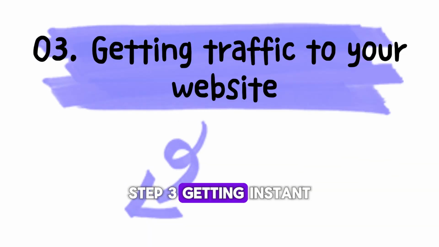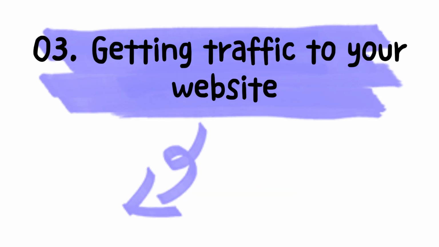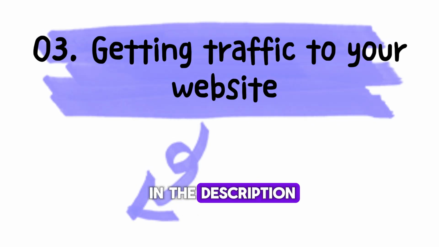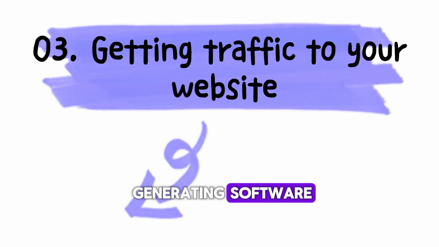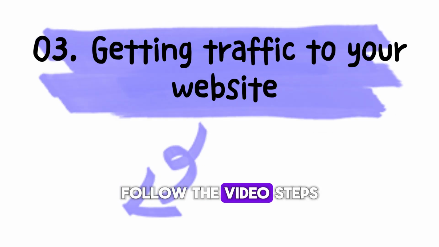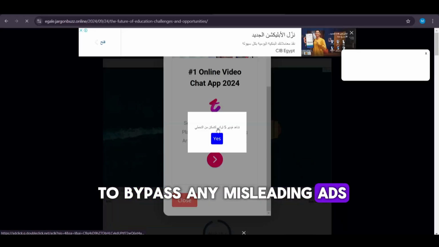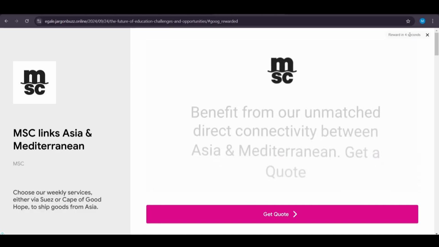Step 3. Getting instant traffic to your website. Click the third link in the description to download the traffic generating software. Follow the video steps to bypass any misleading ads and reach the correct download page.